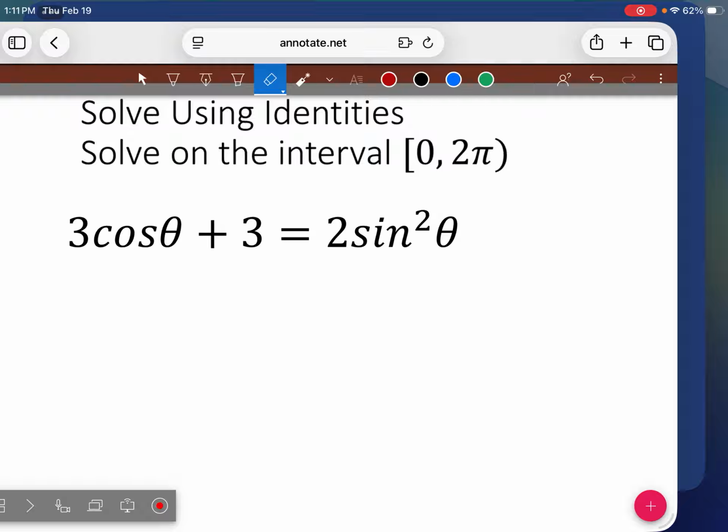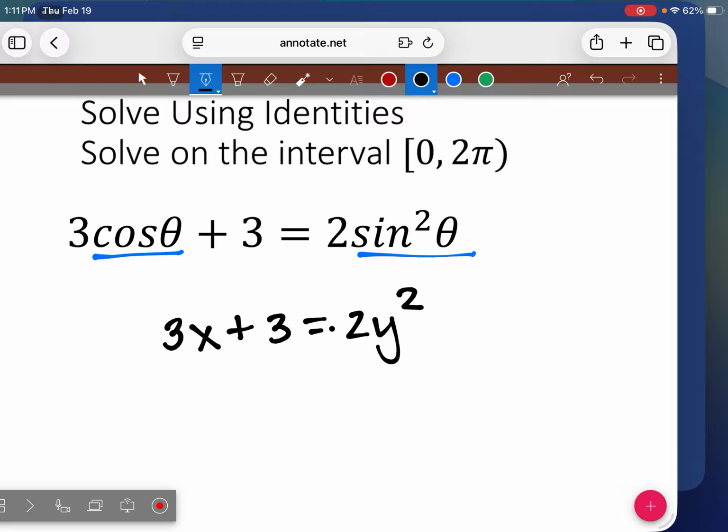Okay, the first thing you should notice is this does not match. And what I mean by that is I have 2 different trig functions. That's not going to work. I have a cosine and I have a sine. Don't write this down, but this would be the same thing as saying 3x plus 3 equals 2y squared.